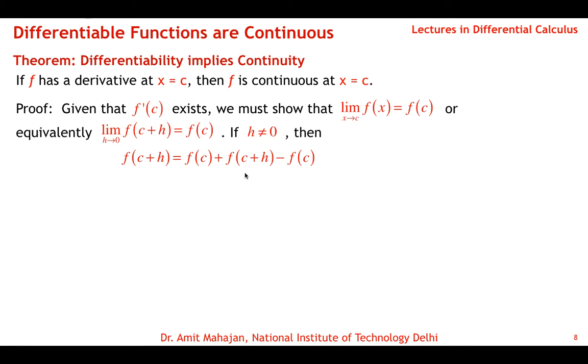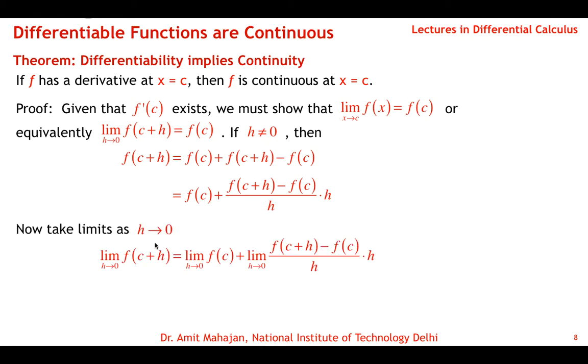And if I take the limit h tends to 0 on this, by rewriting the last two terms by multiplying and dividing with h, because h is a non-zero number. Then if I take limit h tends to 0 on this, the left hand side is limit h tends to 0 of f(c+h), and the right hand side is the limit of this sum. And we know that the limit of a sum is equal to the sum of limits, so we can write the limit of f(c) plus the limit of this product, okay.